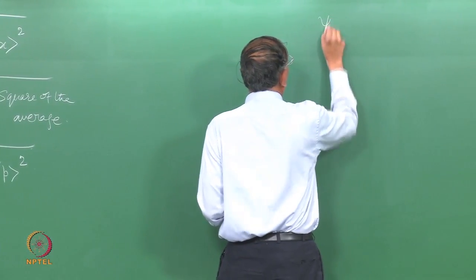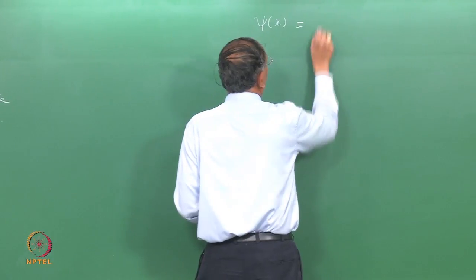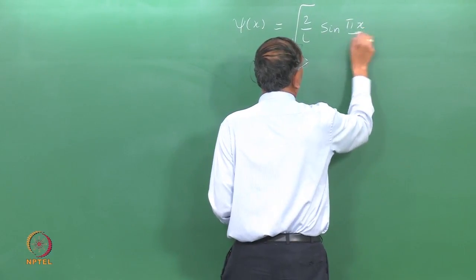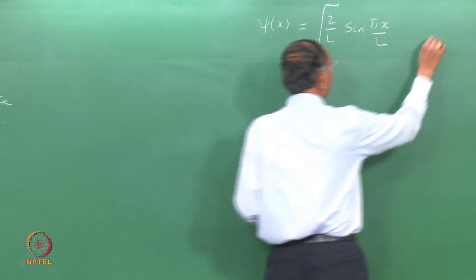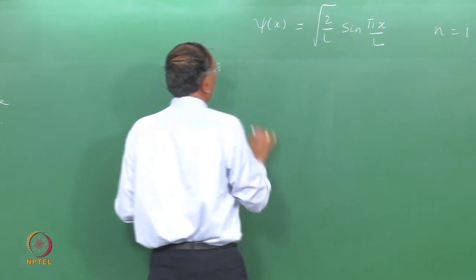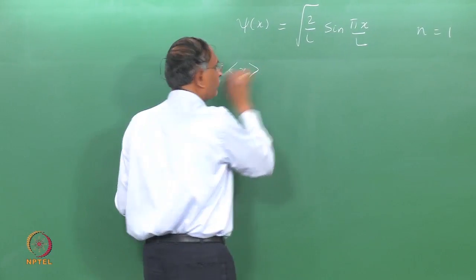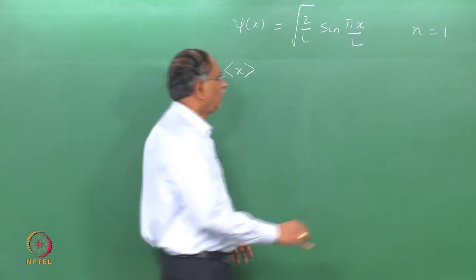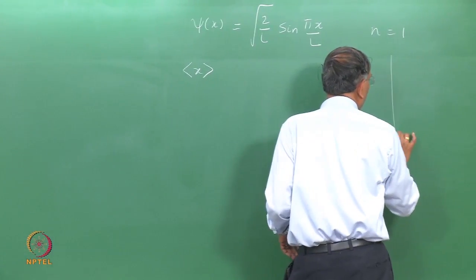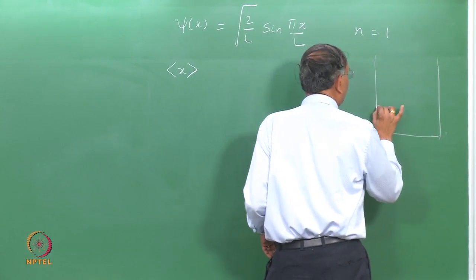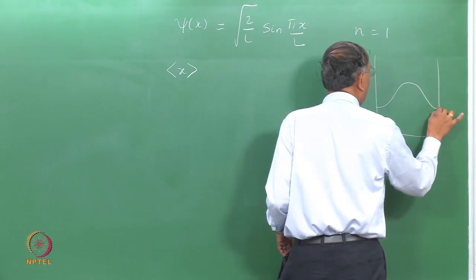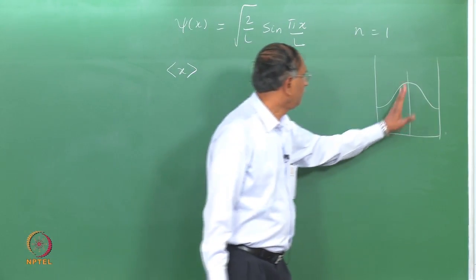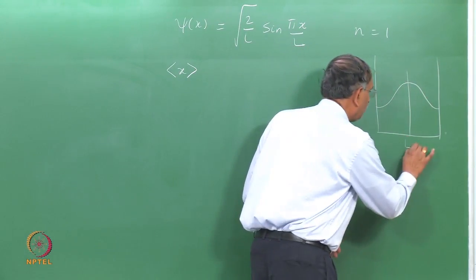Now, let us use the wave function psi of x for the one dimensional box, root 2 by L sine pi x by L. We will take the n equal to 1 case, quantum number, and calculate the average value of x for the particle in this state, whose wave function and the probability of the particle at various points is symmetrically the same on either side of L by 2.